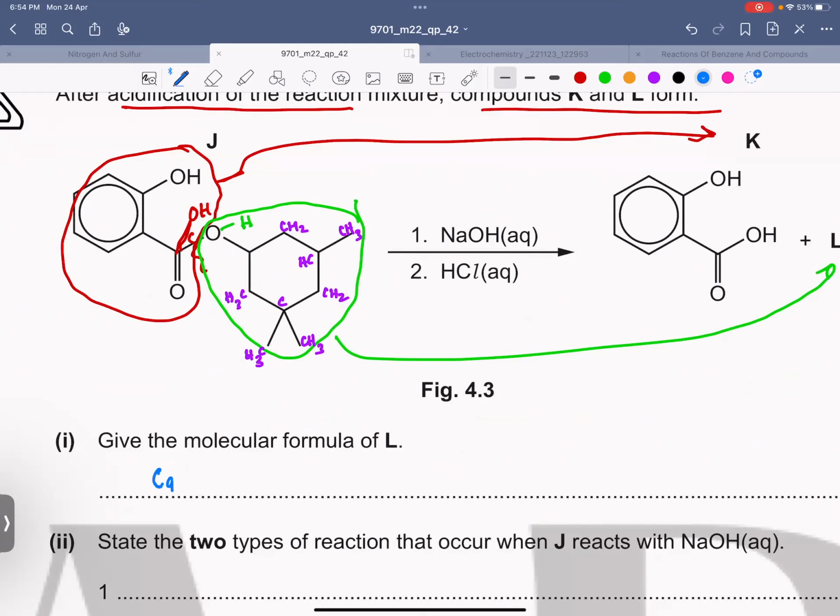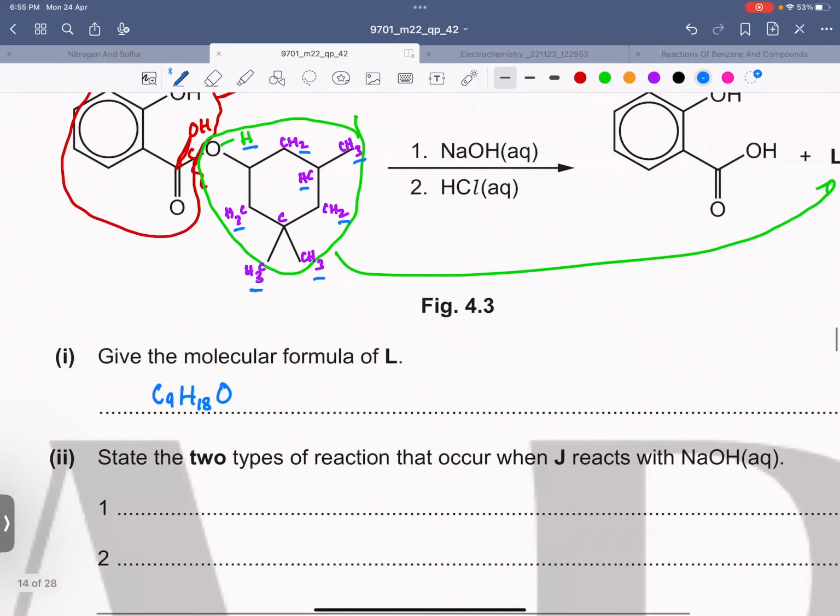How many hydrogens do we have? 3 plus 3, 6, 9, 10, 11, 14, 15, 16, 17, and 18. Right? 18 hydrogens, and we are left with the one oxygen. So C9H18O. Is this clear?